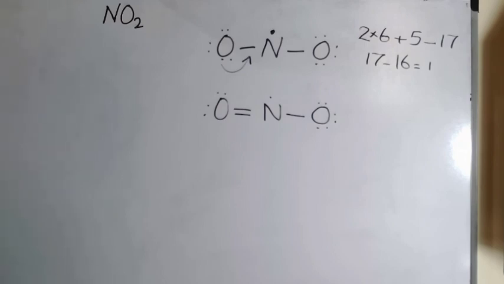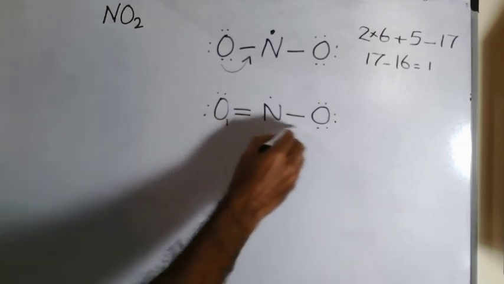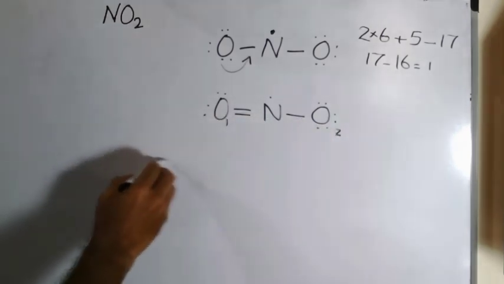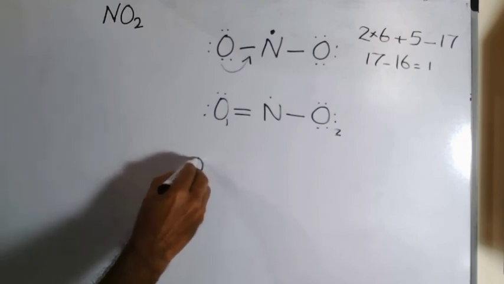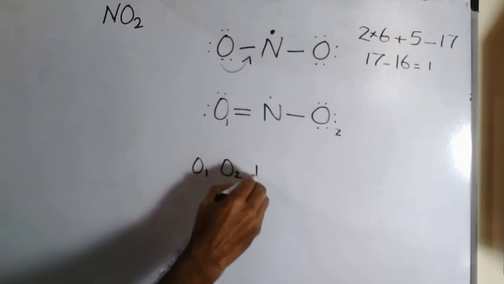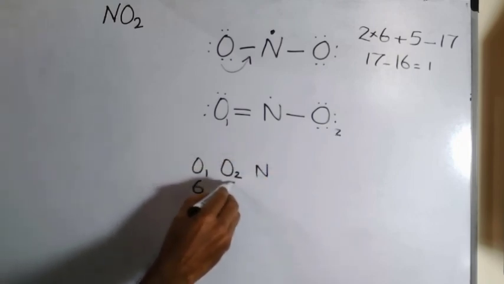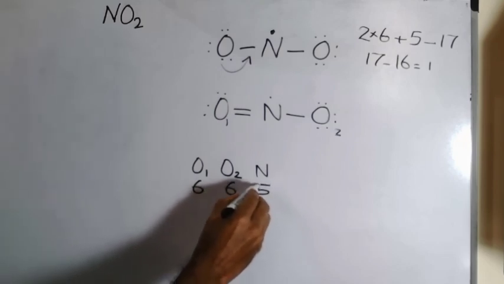Then we can determine the charges of these atoms. So I'll write oxygen 1, nitrogen, and oxygen 2. So we will write the valence shell electrons of each atom.